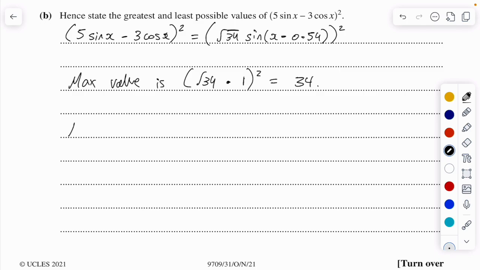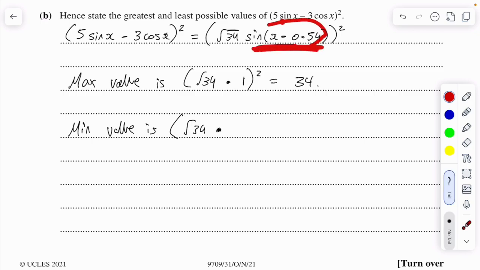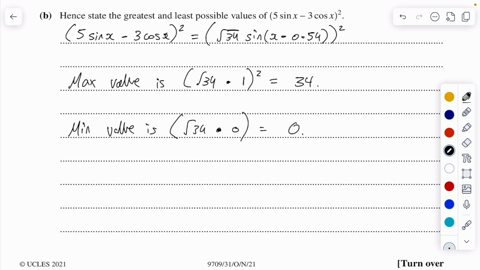Min value is what? Well, it's going to equal root 34 times the minimum value of this, which is a sine function, so it's going to equal 0. And therefore that's 0.